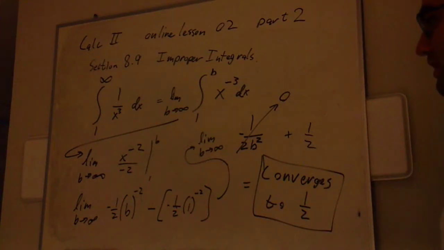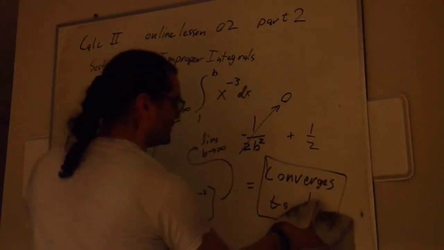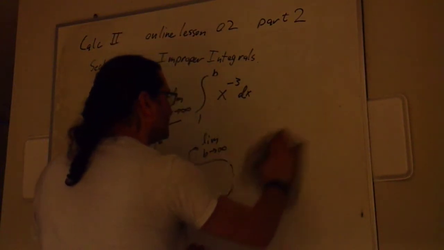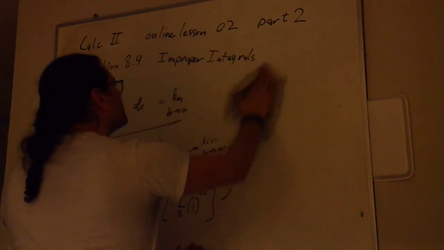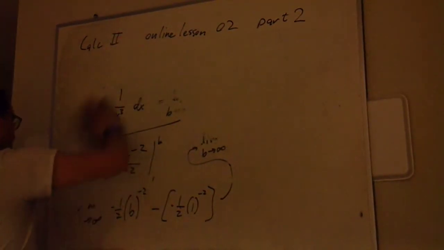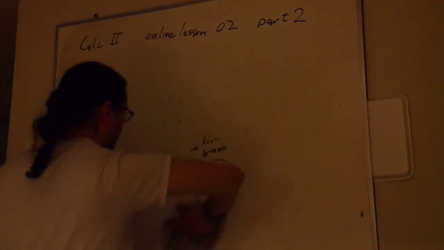So this is what improper integrals look like when there are infinities involved. I'm going to see if I can do an integral that converges to a number despite being infinitely long in both directions.